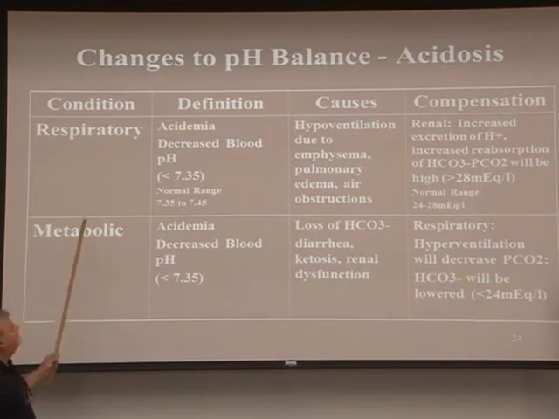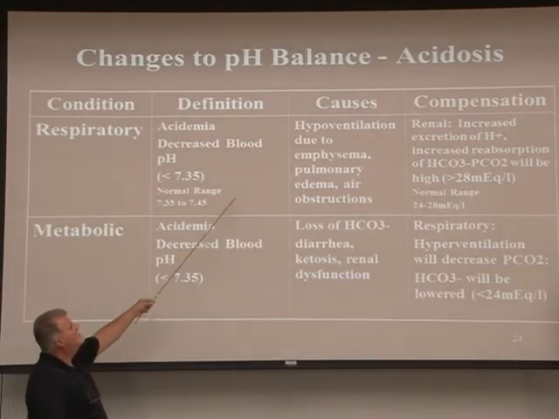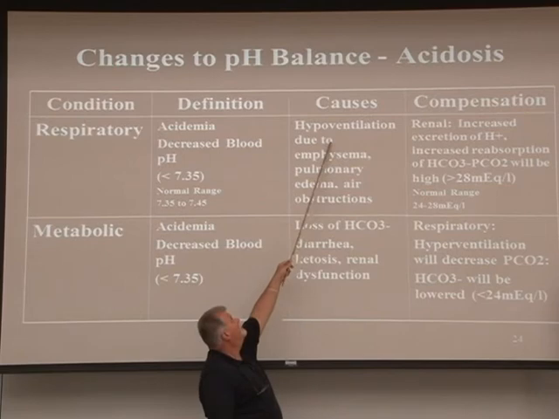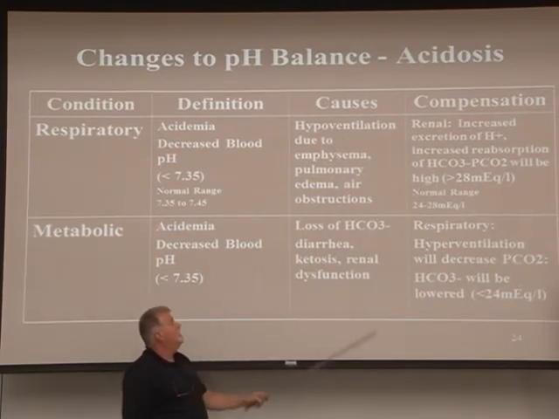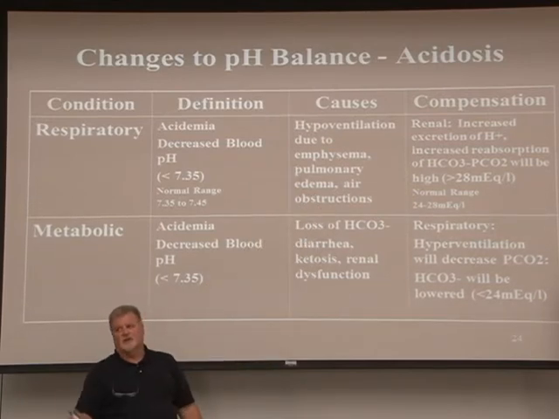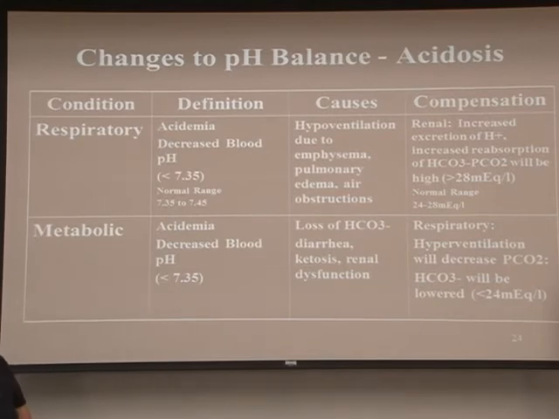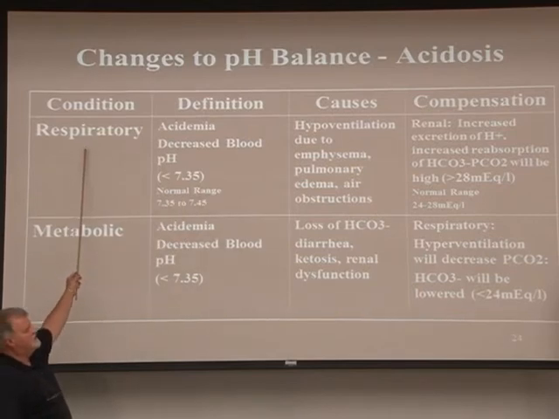So what we say then is the person is in respiratory acidosis if the issue is a respiratory issue. So if the person has got some hypoventilation event because they have emphysema, pulmonary edema, a constricted airway, they're in anaphylactic shock, something has dropped their respiratory rate, then they're going to enter acidosis, so we say it's respiratory acidosis.